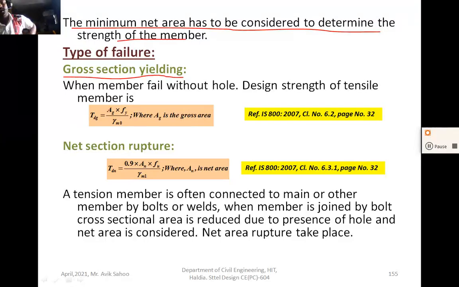When cross section yielding failure occurs, the gross area has to be considered. When the member fails without hole, that is the welding connection, gross section yielding is considered.